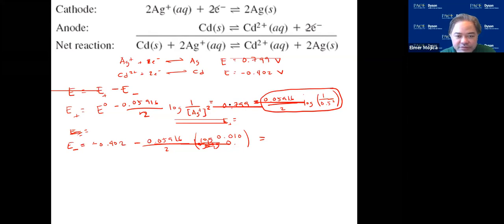Because you're going to subtract it from the whole thing here, 0.799. 0.05916 divided by 2 times log of 1 divided by 0.5 squared. So I get here, I'm not sure if you get this also, 0.0178. So I get there 0.799 minus that. So I get here 0.781. Did everybody get that?